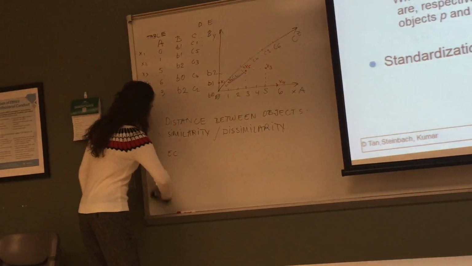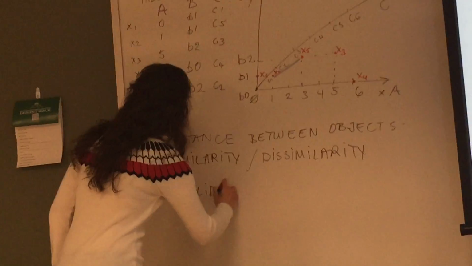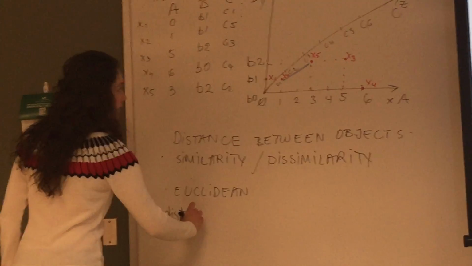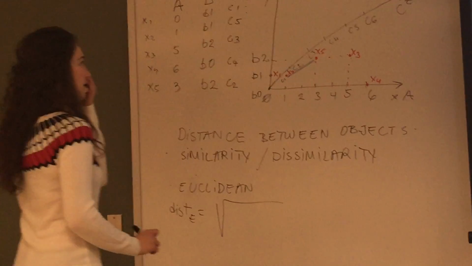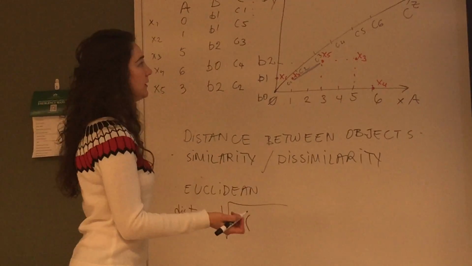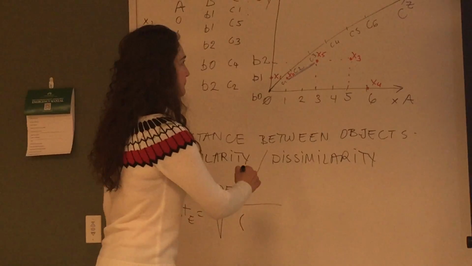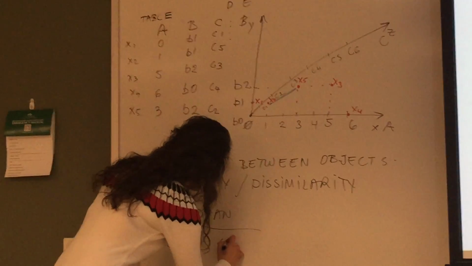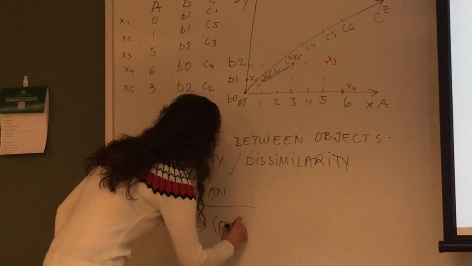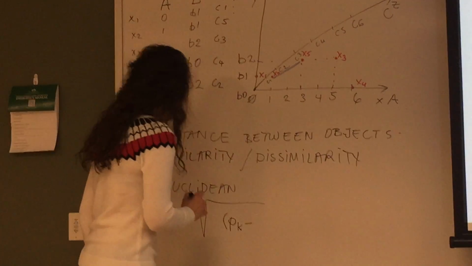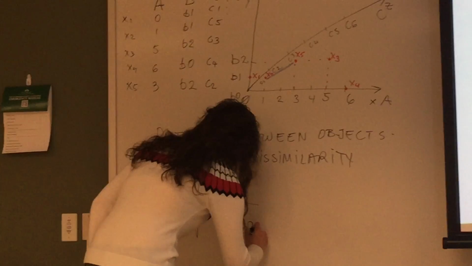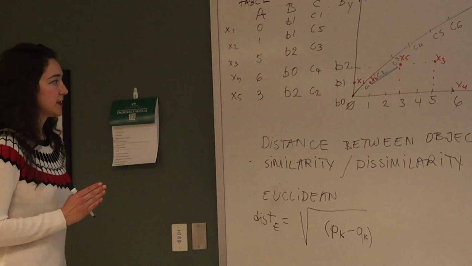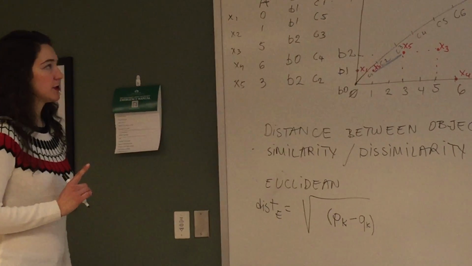So, Euclidean distance, the formula for that is the square root of the sum of the squared differences between the values for the two objects for the same attribute, starting with the first attribute.